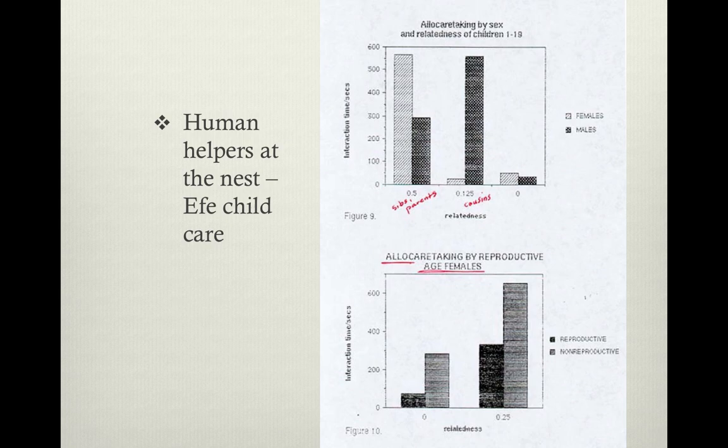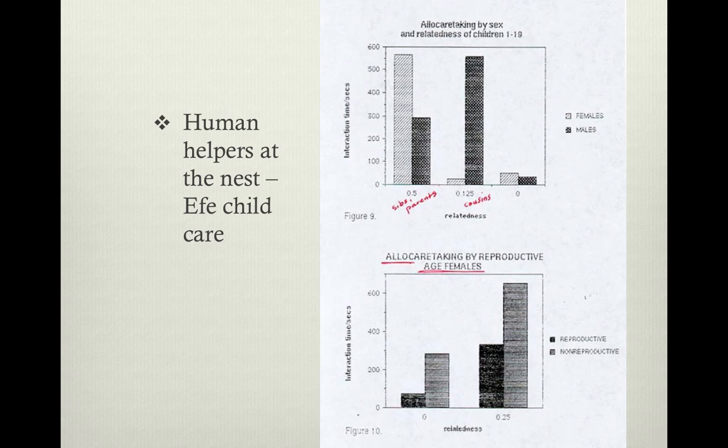When we look at alloparental care, we can look at the FA and childcare to determine who's doing that alloparental care. And so looking at these helpers at the nest among humans, what we find is that females are much more likely, particularly among the sibship, females that are siblings of the child who's being cared for.